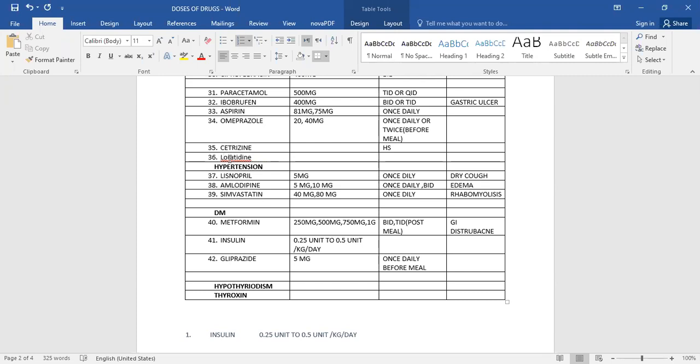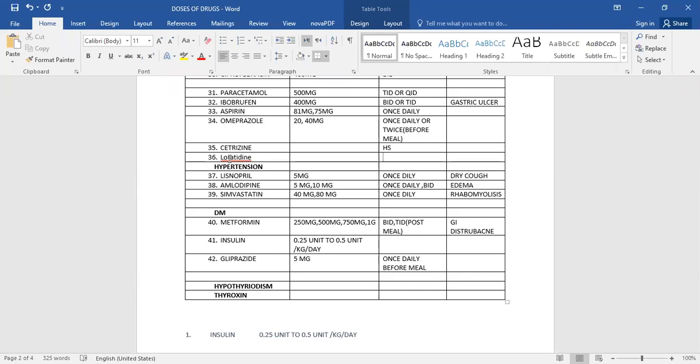You can take your mobile and search Clarinase. It says it doesn't cause sleep. Yes, good. All right.